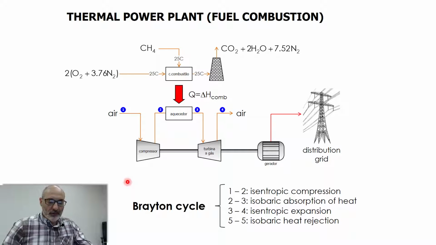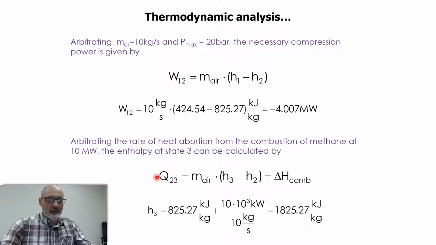I get that the necessary work is the mass flow of air times the variation in enthalpy. When we do the calculation, I obtained 4.007 megawatts. Negative here means that this process absorbs work, so that's why we obtain a negative sign.